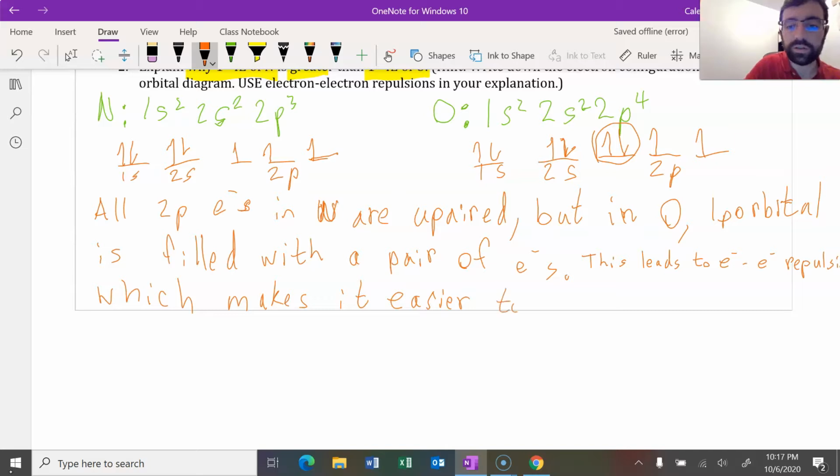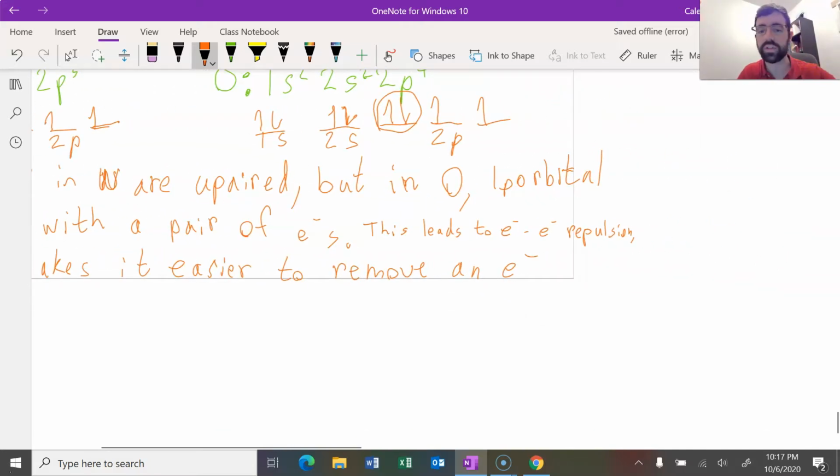Makes it easier to remove an electron. In other words, what we're saying is ionization energy actually decreases because it's easier to take that electron away.